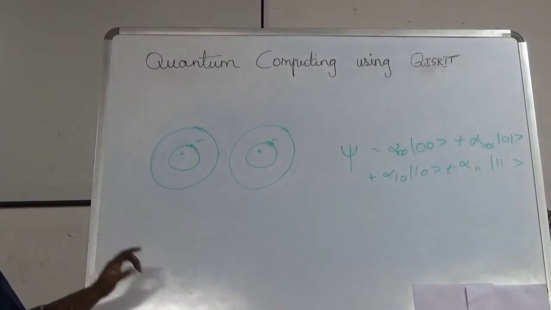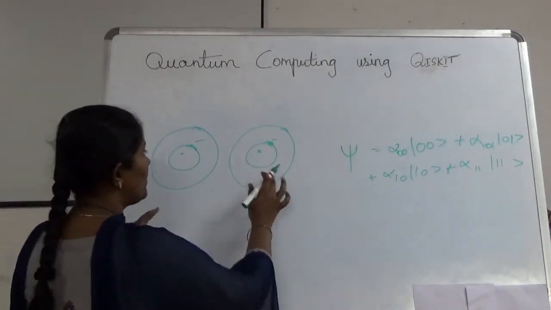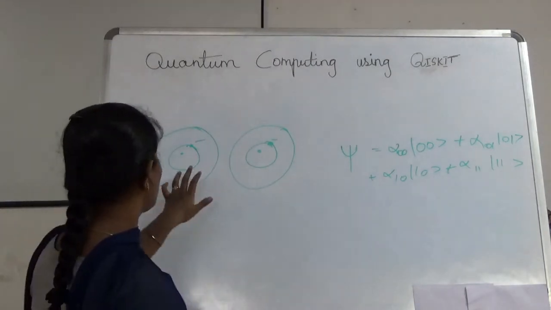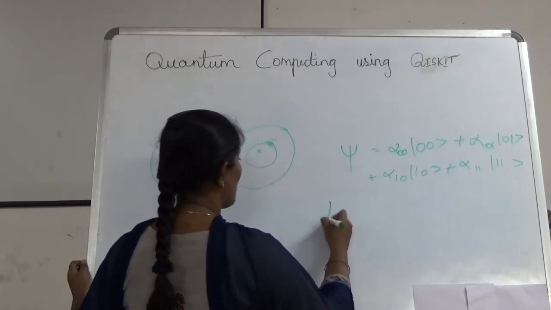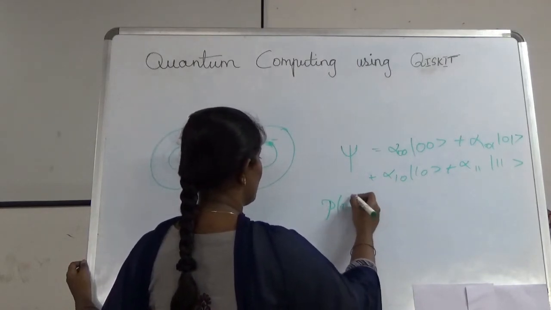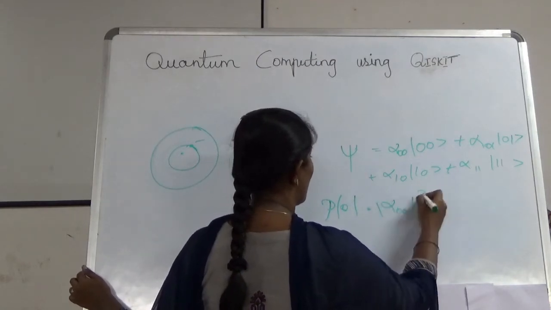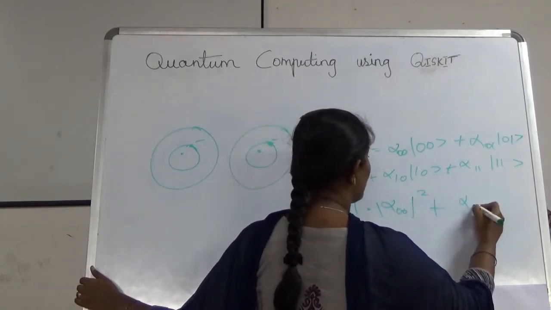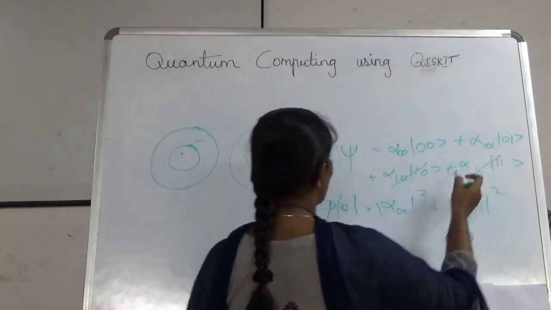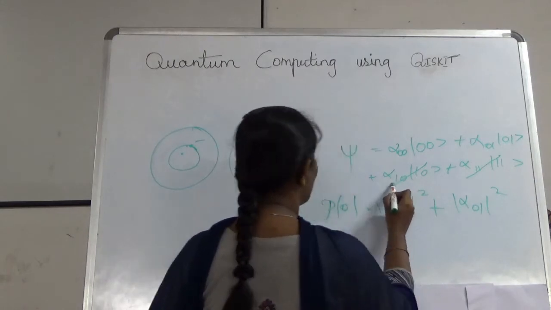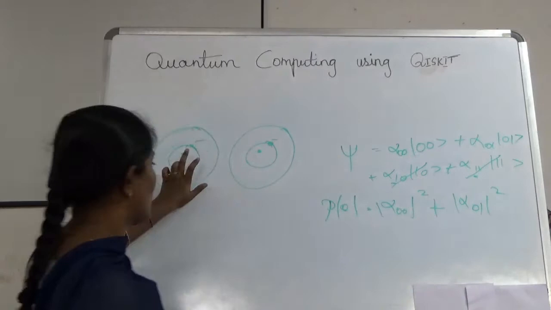If we want to find the probability that the first qubit is in down state, where the second qubit may be in various states, we add the magnitude of probability of 00 and the magnitude of 01. The others are cancelled because here the probability of the first qubit being in down state is 1.